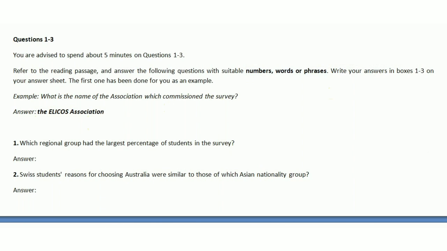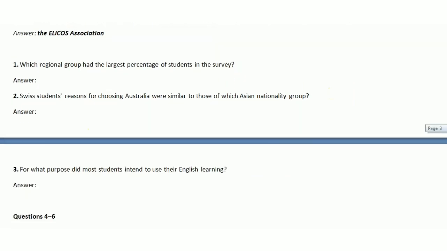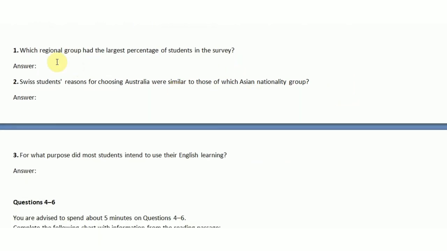So this is the example, and now we are gonna begin with our first question, and that is: which regional group had the largest percentage of students in the survey? So what we have to write down in the answer is which regional group had the largest percentage of students.